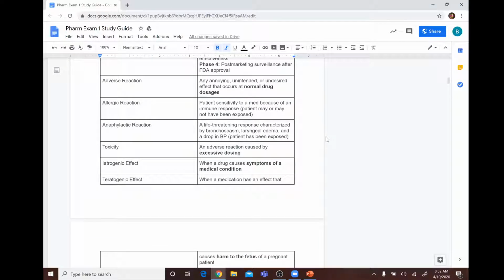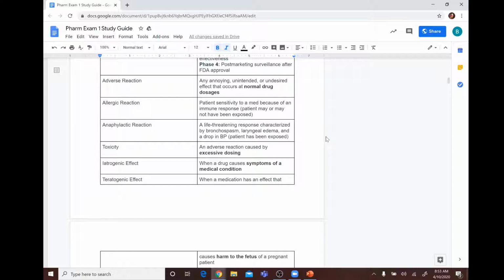An annoying, unintended, or undesired effect that occurs at normal drug dosing. What is an allergic reaction? It's the patient's sensitivity to a med because of an immune response. The patient may or may not have been exposed.